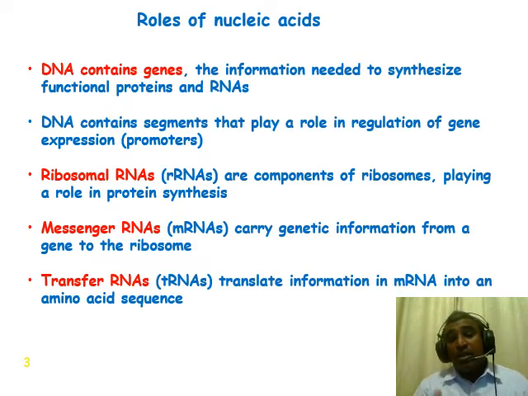Okay, and then in terms of RNA, you have three types: ribosomal RNA, messenger RNA, as well as transfer RNA. In short, they call it rRNA, mRNA, tRNA. We will look into detail about their function later on, but for now, you just want to know that the role of nucleic acid is in the making of DNA as well as RNA.